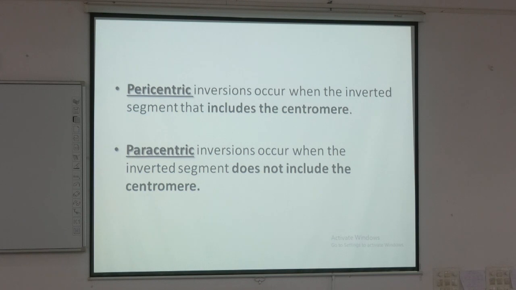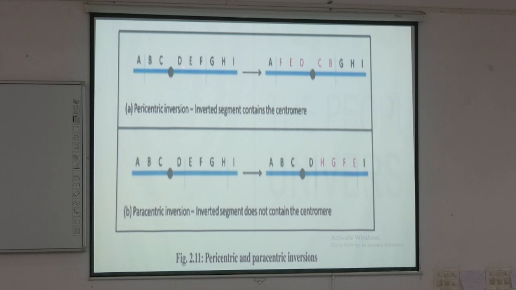So for this inversion, in this upper picture which you are seeing here, picture number A, it is involving the centromere, the black dot, and joining in the reverse manner. So this variety we call pericentric, because it is involving the centromere, and this one is not involving this black dot. That means it is paracentric.